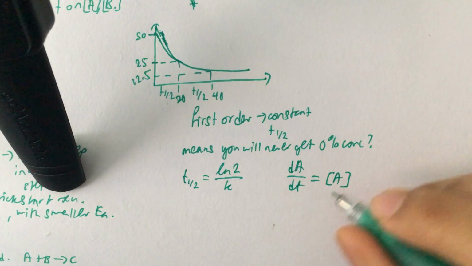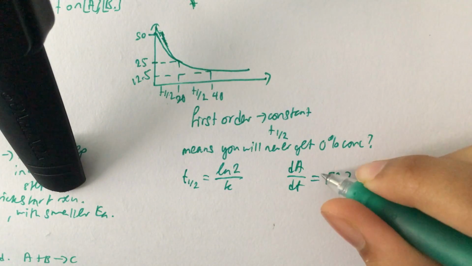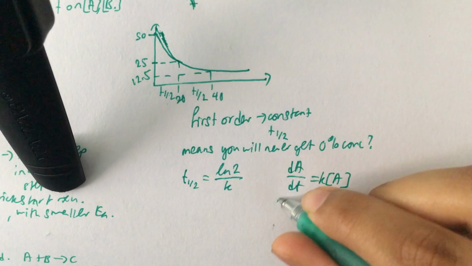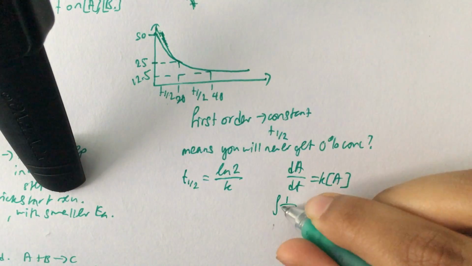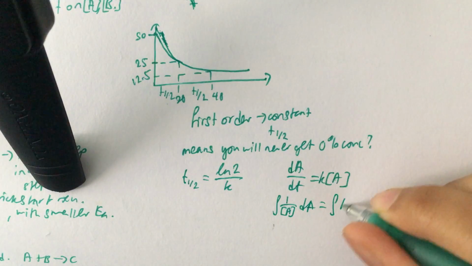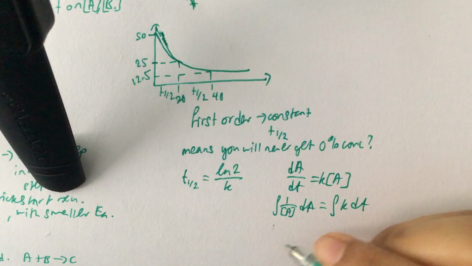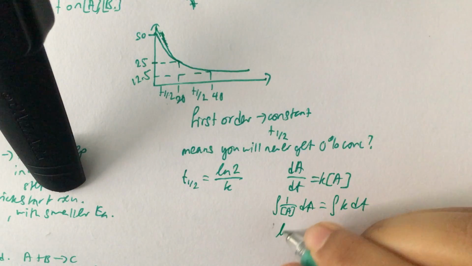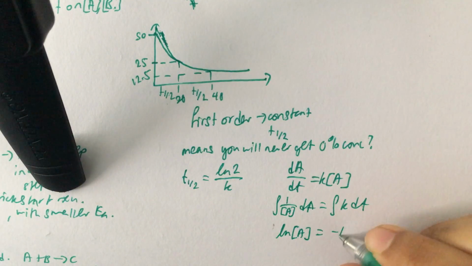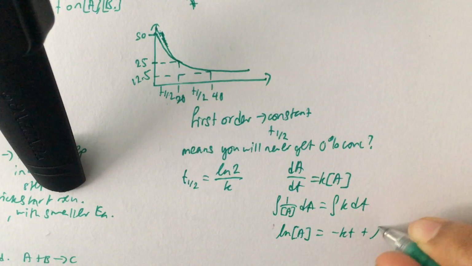You just do calculus, especially if you're doing engineering. The idea is that you write d[A]/dt equals k[A], as you see in the rate equation.